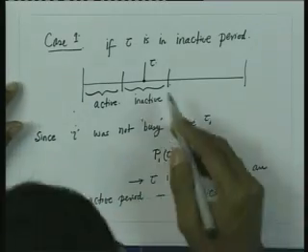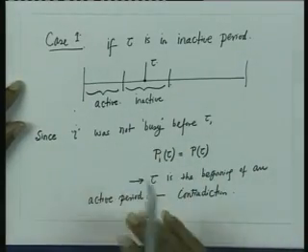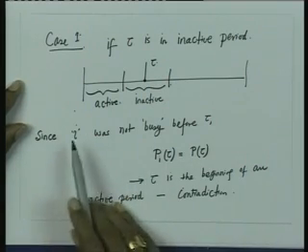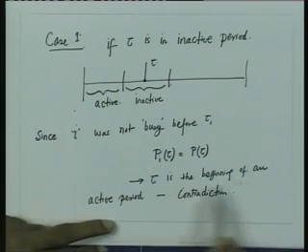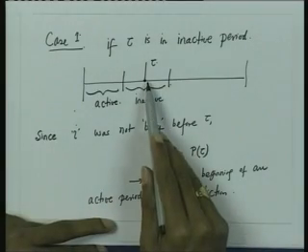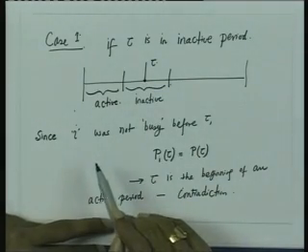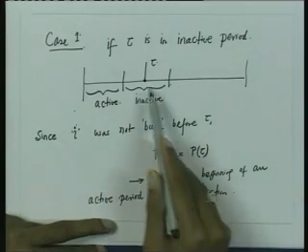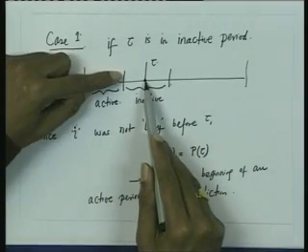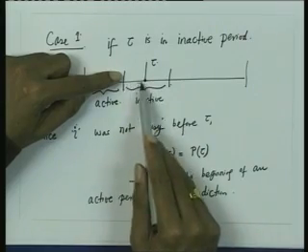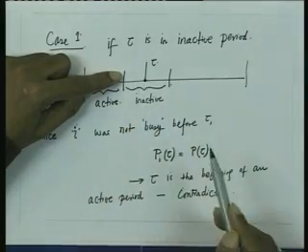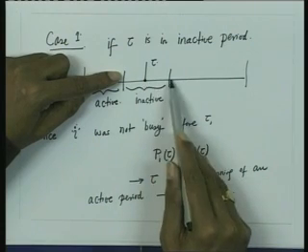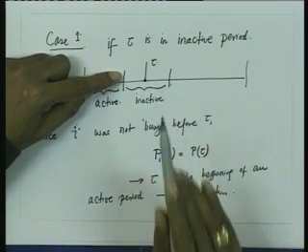And therefore this is not possible. The tau cannot be in the inactive period. So this is the first case. Since session i was not busy before tau, it became busy at tau only. Here it was in an inactive period, so the packet must have arrived, and the inactive period must end here.